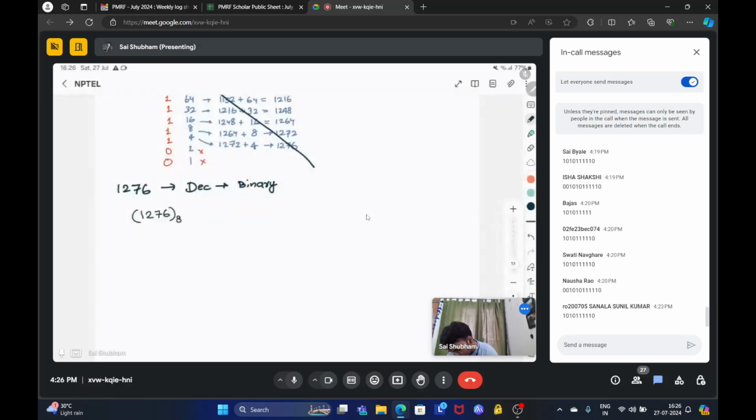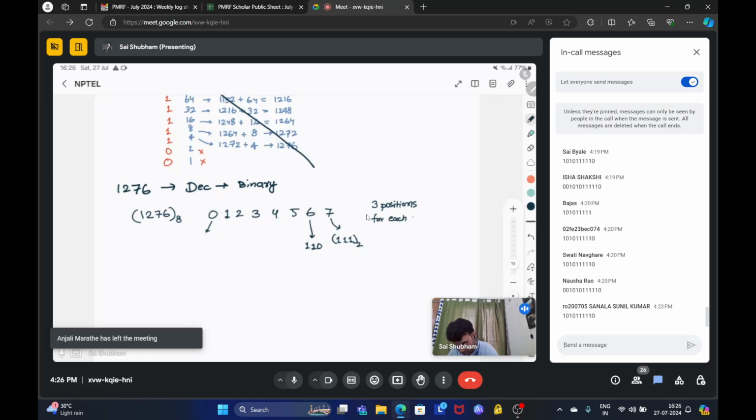This is octal, and the digits in octal are, okay. So if you represent it in binary, it will take 3 digits. Okay, 3 bits. Now if you have to represent this, it will still take 3. Okay. So what we can do is that we can take 3 positions for each digit.